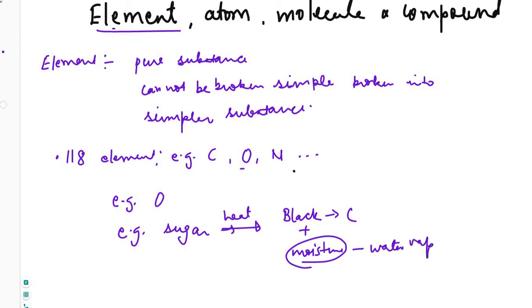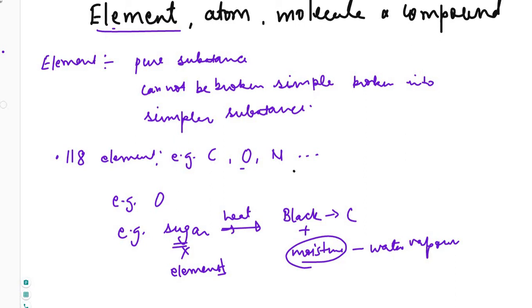So can I say sugar is an element, compound or molecule? We cannot say it is an element, because when you break it down with heat or any physical or chemical process and you get multiple things, it is not an element.